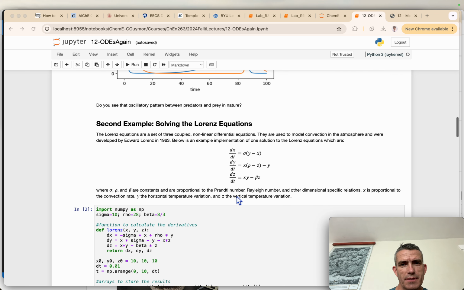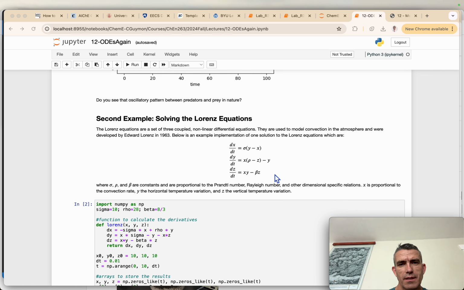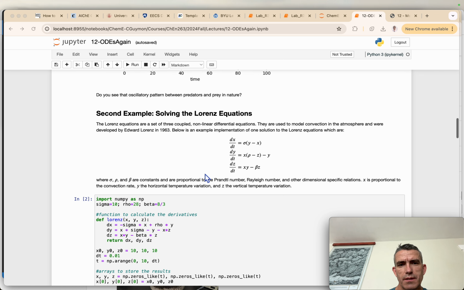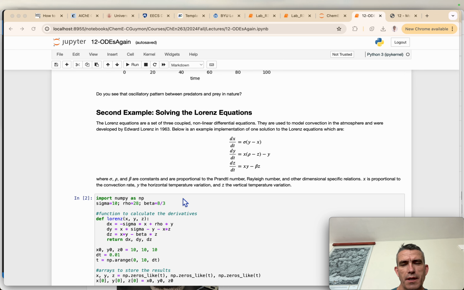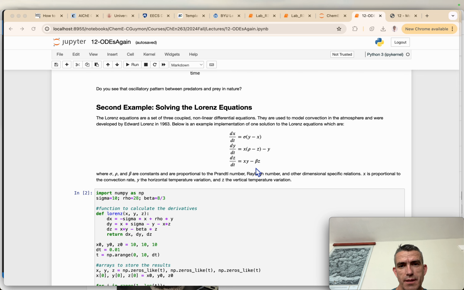The second example is the Lorenz equations that were developed by Edward Lorenz in 1963, and it kind of relates the temperature variation, convection rate, and vertical temperature variation for weather patterns. But the sigma, rho, and beta are constants, and then x, y, and z have the convection rate, horizontal temperature, and vertical temperature in this case.